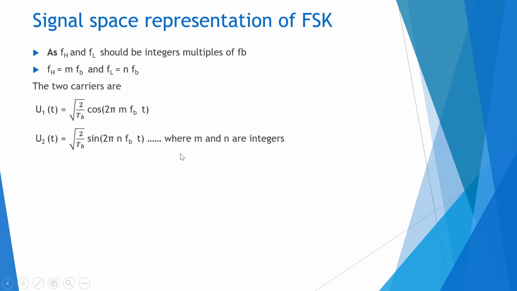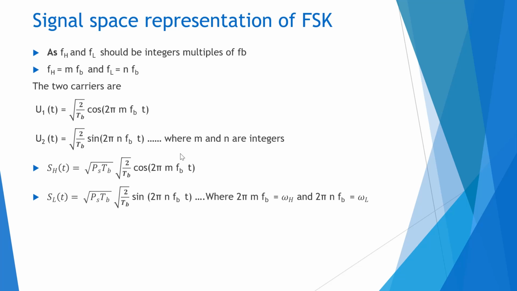Now again we can write the equations, SH of t and SL of t. SH of t is square root of PsTb into the carrier, that is square root of 2 by Tb cos 2 pi m FB t.